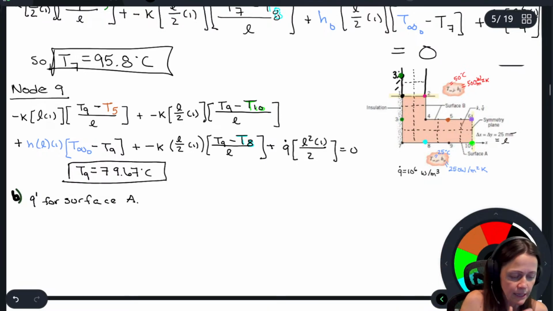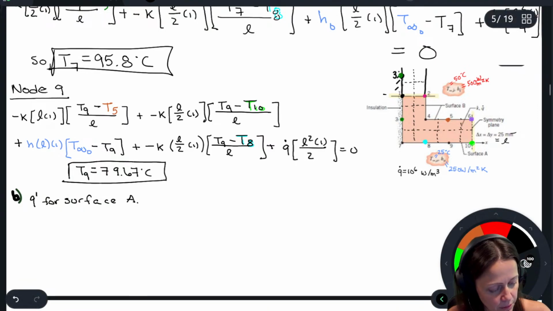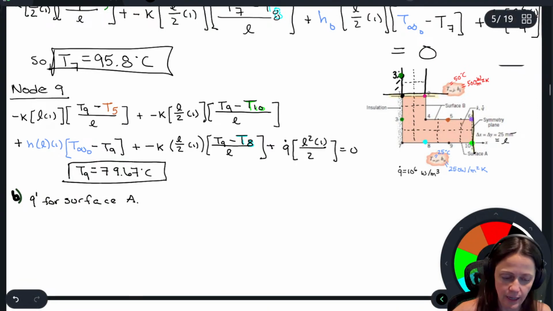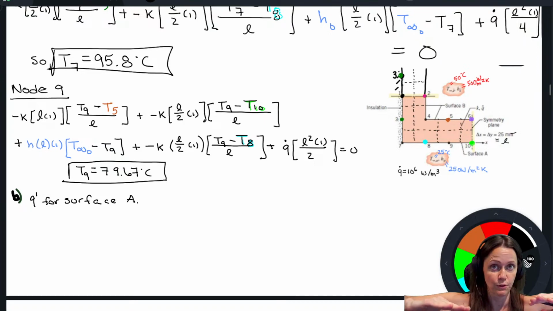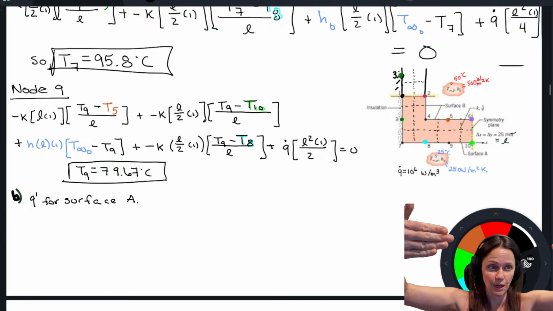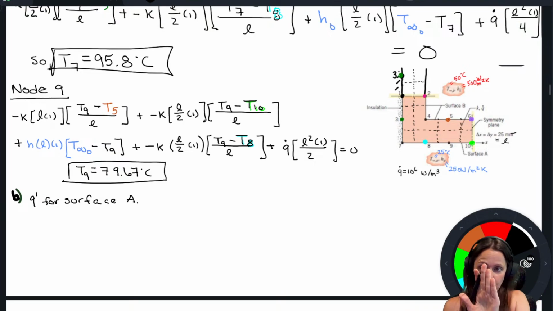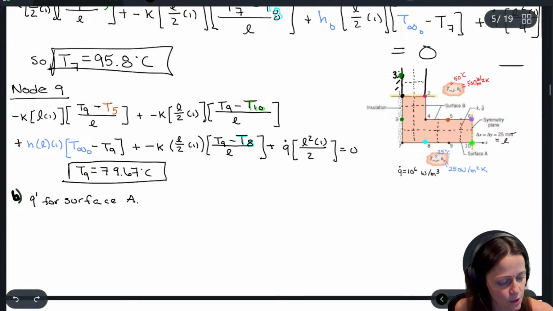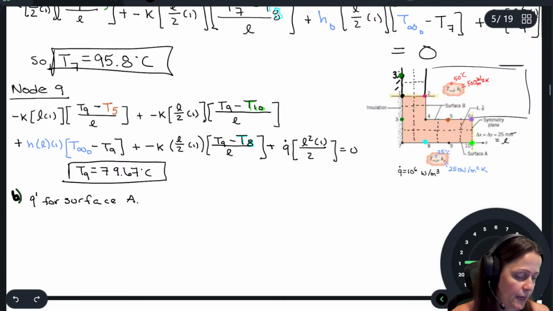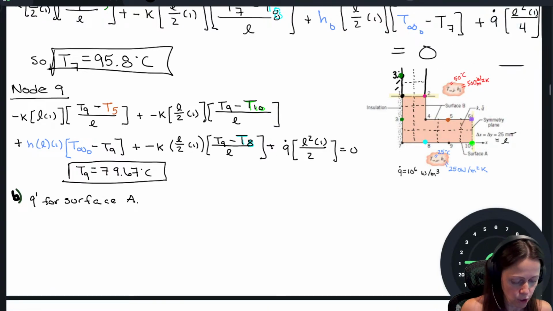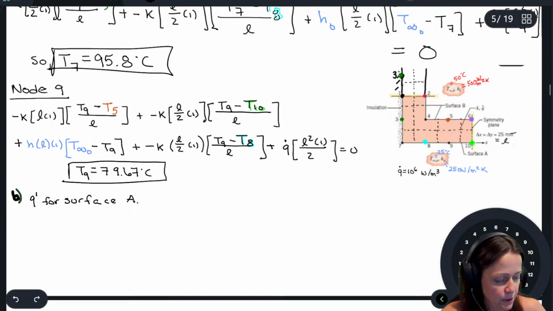Now, if I look at those lines of symmetry, remember I've got one here and I've got one here. It looks like you have 4 chunks of these, right? You have one mirror image up top, and then you also have a mirror image this way, right? So kind of goes off like that. That's what it looks like. So when I calculate that Q per unit length for surface A, I'm going to calculate the heat transfer rate for this section.